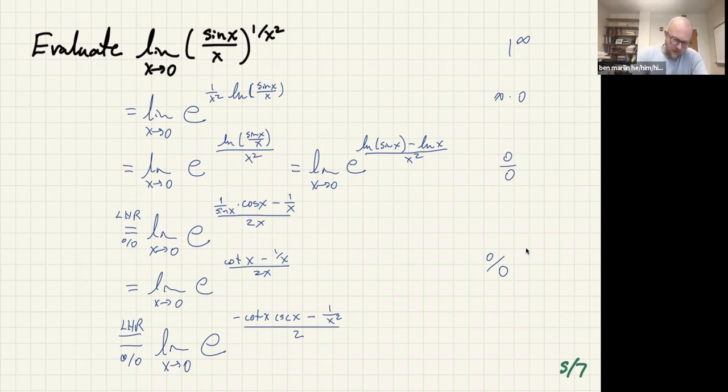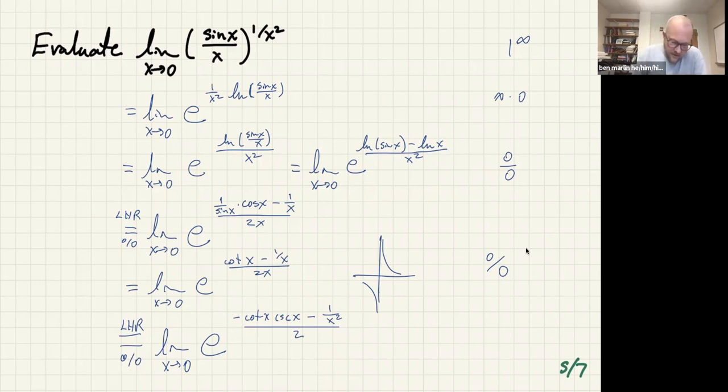So if you think about cotangent x, I'm going to draw a brief little graph here. Cotangent x goes to positive or negative infinity there, okay? And so does cosecant x, and they go to the same infinity.